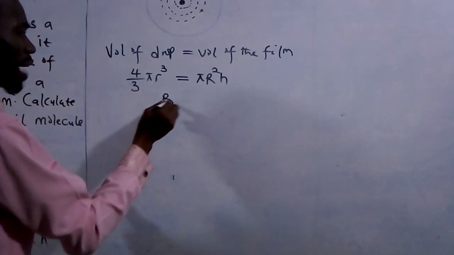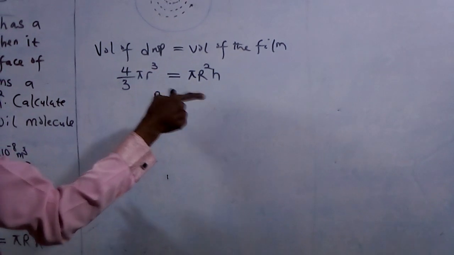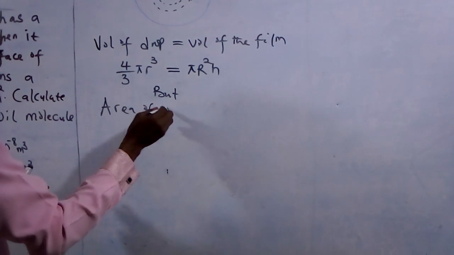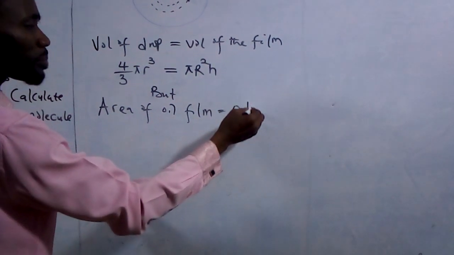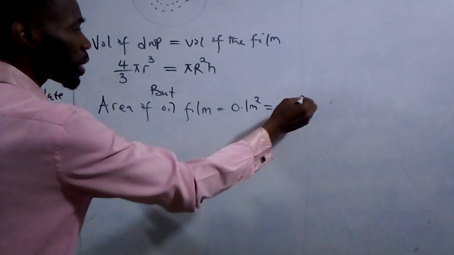But the area of the oil film is equal to 0.1 meter squared, and it is equal to pi r squared.